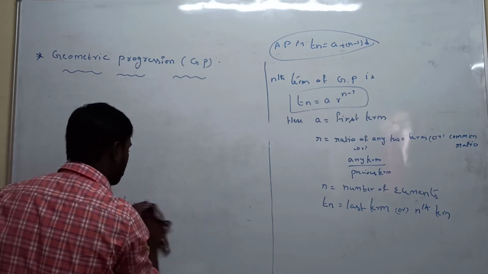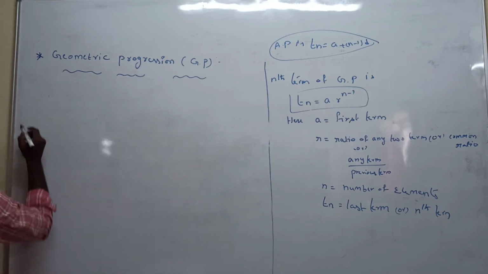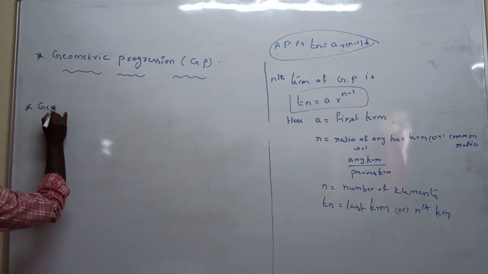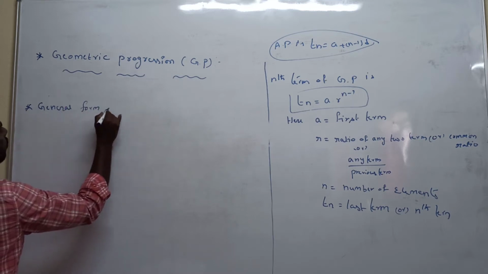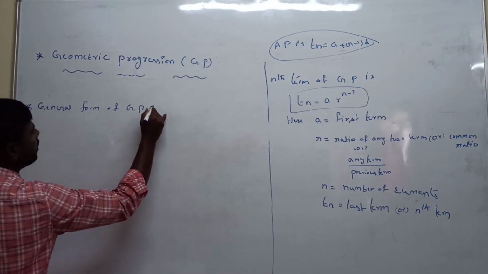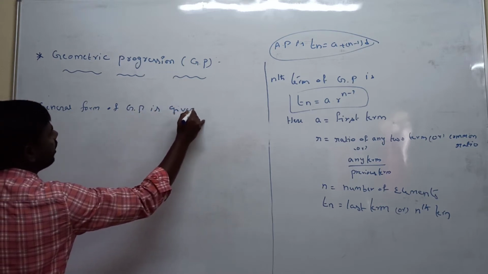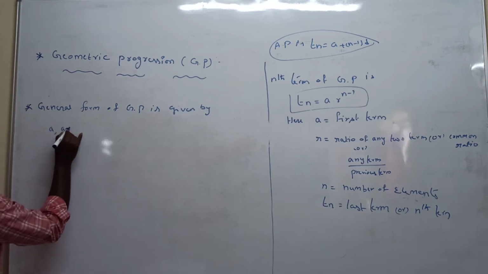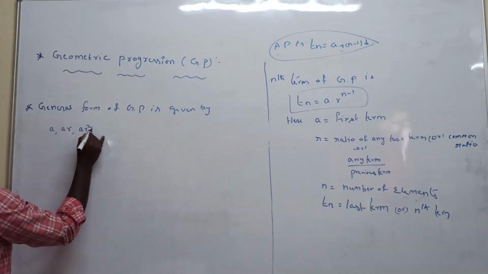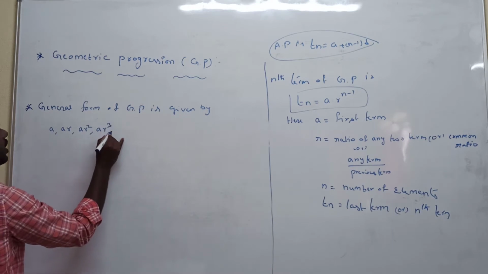Next, the general form of geometric progression. What is the first term? The first term is A, the second term is AR, the third term is AR square, the fourth term is AR cubed, and so on.